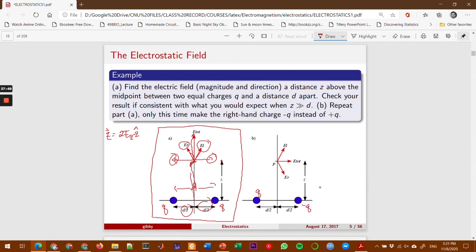Its appearance is like this, because the electric field of a negative charge points inward, right? The positive points outward. So it's different. Instead of the x component canceling like in part A, in part B what cancels is the z component itself. So z cancels, and you are left with the x component.